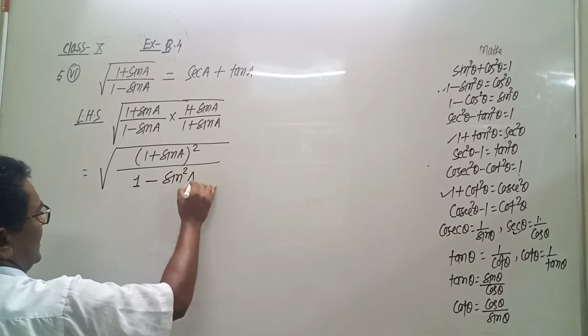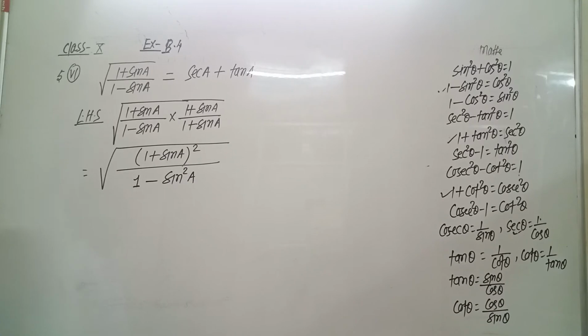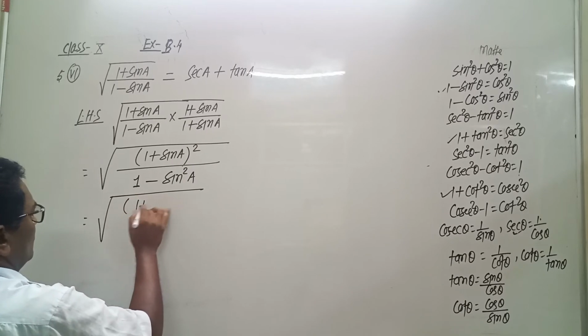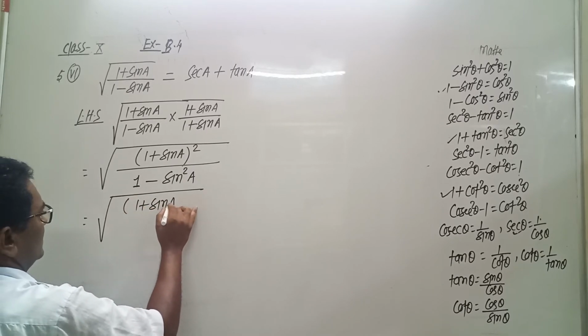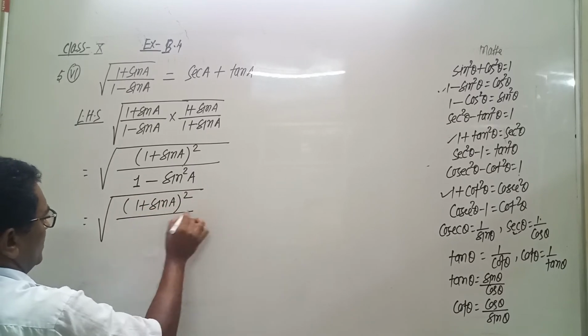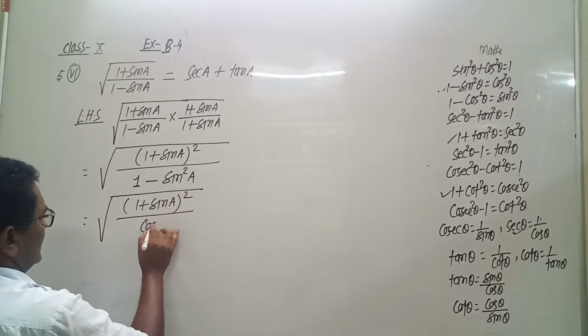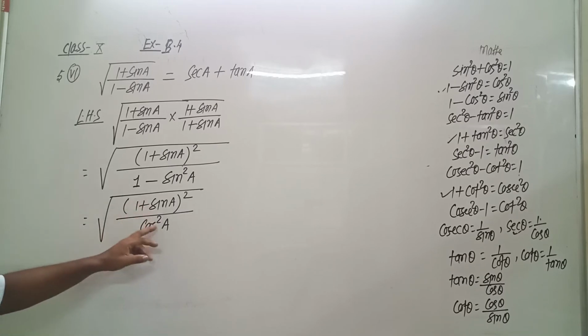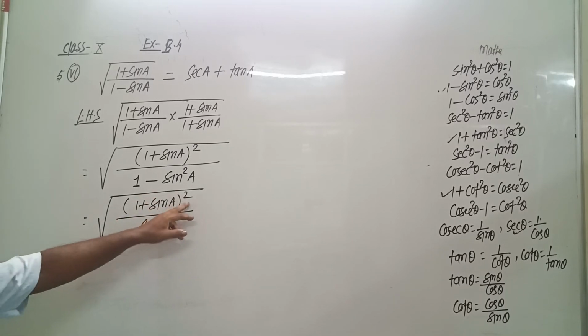So B is sine A, so sine square A. Now under root, (1 plus sine A) the whole square upon 1 minus sine square A is equal to cos square A.